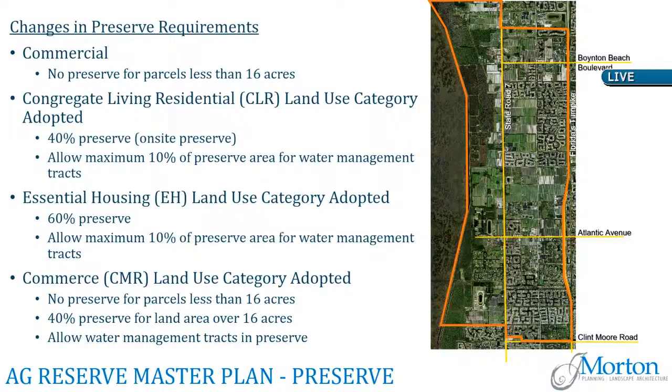And the last new land use category that's been allowed in the Ag Reserve is the commerce land use category. On the commerce land use category, if it was less than 16 acres, no preserve is required. If it's over 16 acres, 40% of what's over 16 acres is required to have preservation. Also, water retention is allowed. There's no limitation on that.